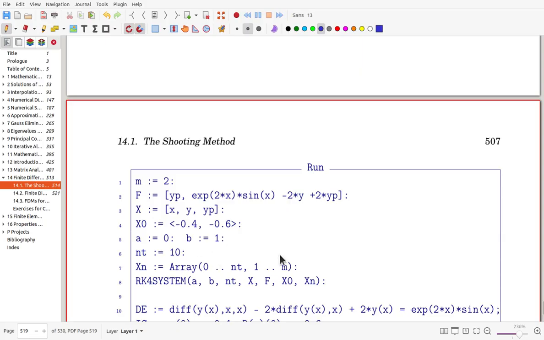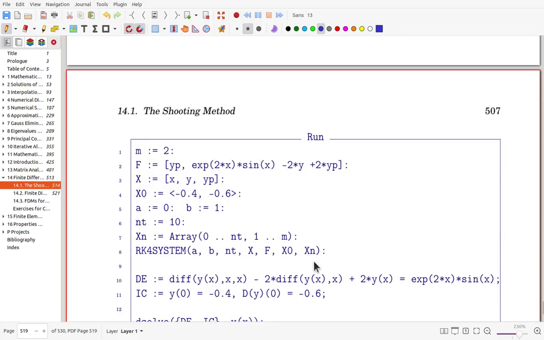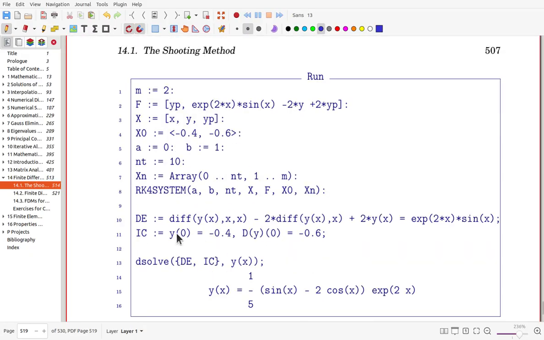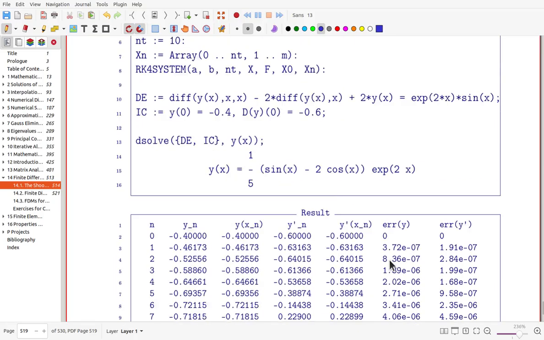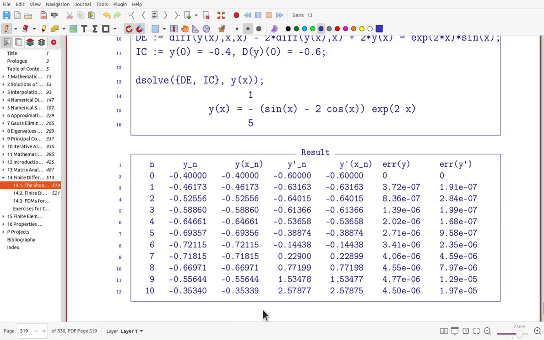Now we solve it by using the algorithm RK4 system, and also by using dsolve we try to find the exact solution. That is now the exact solution, and along with this one, we can measure the difference and error.